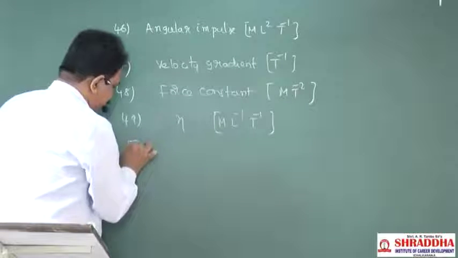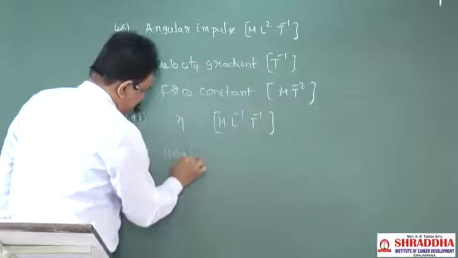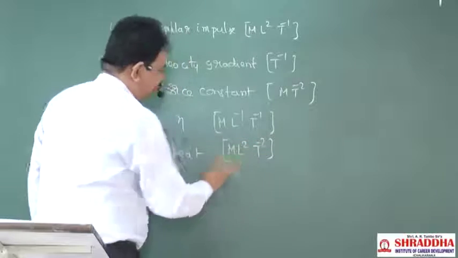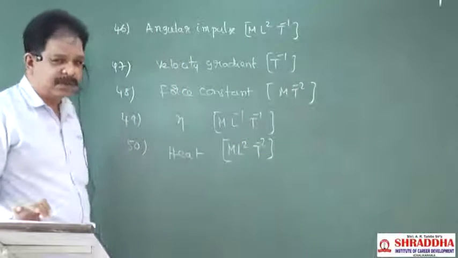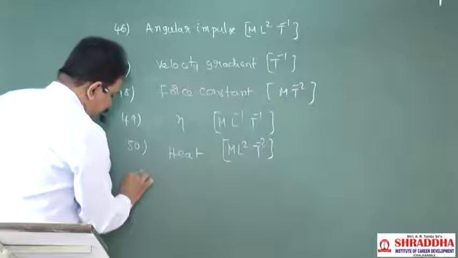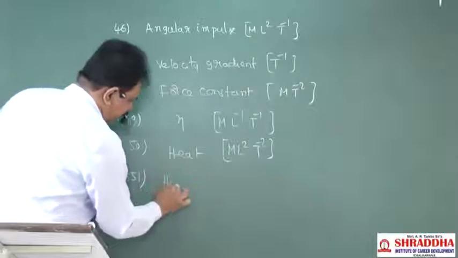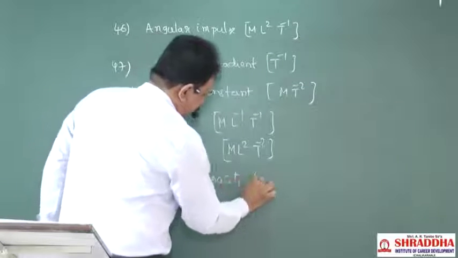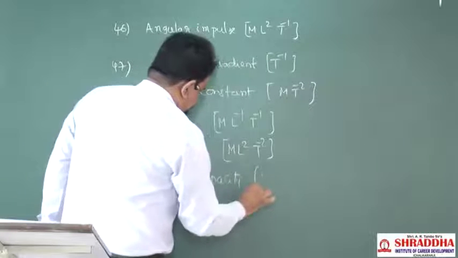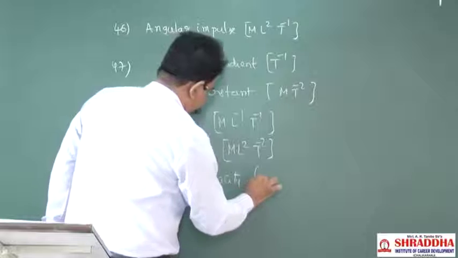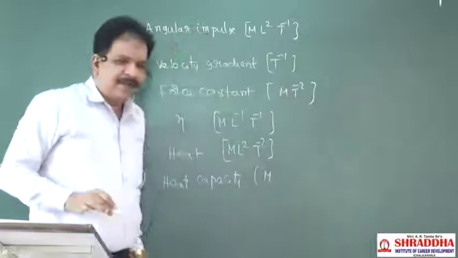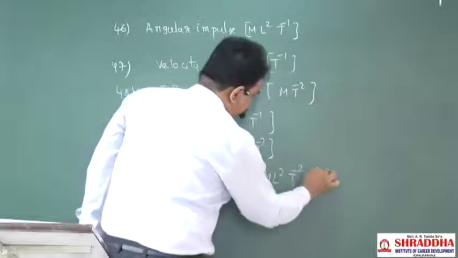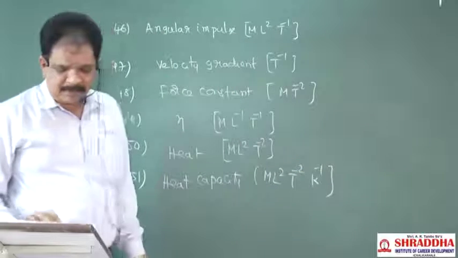Next, heat. Heat is a form of energy, so M L square T power minus 2. Next, heat capacity: this value will be M L square T power minus 2 K power minus 1.